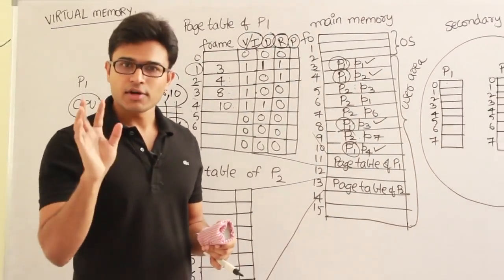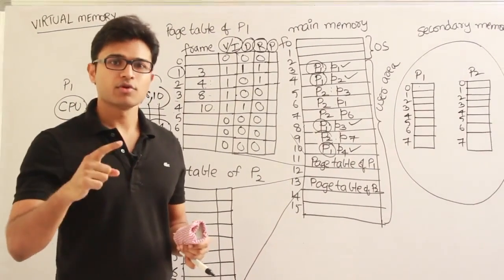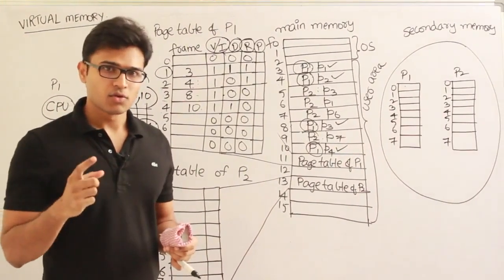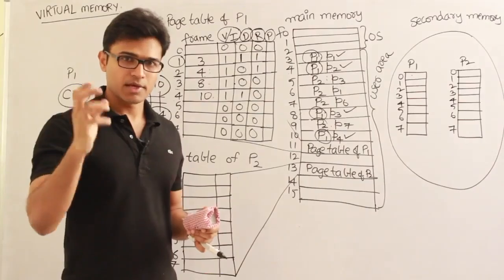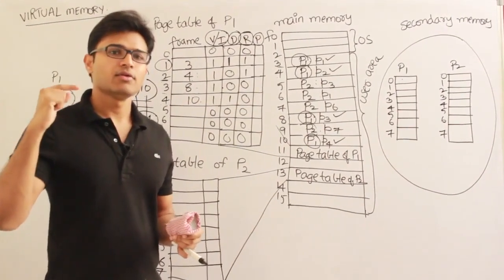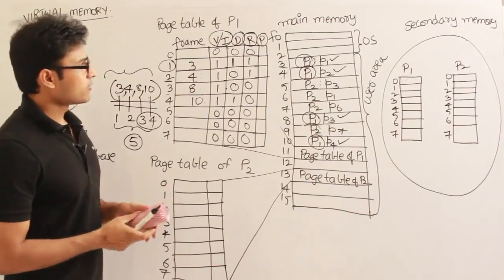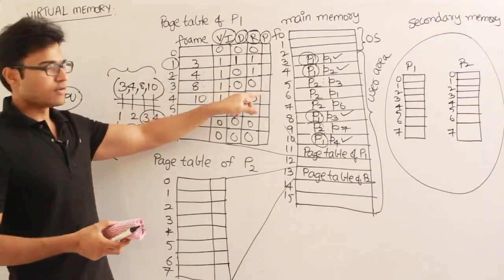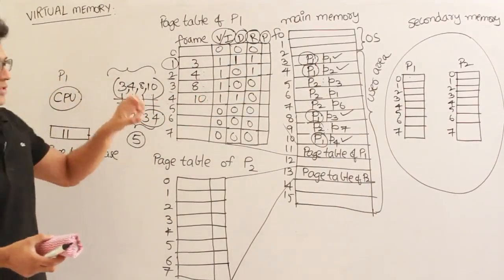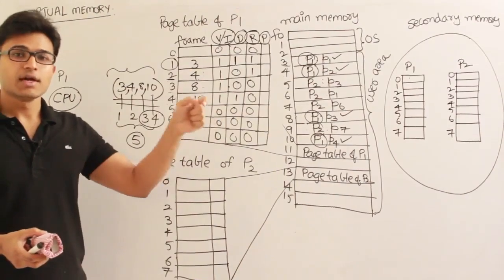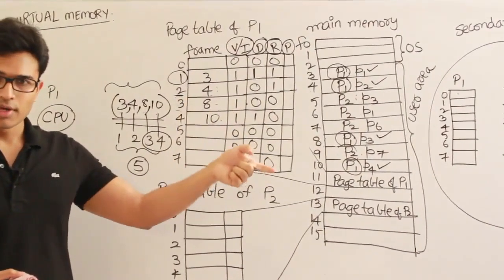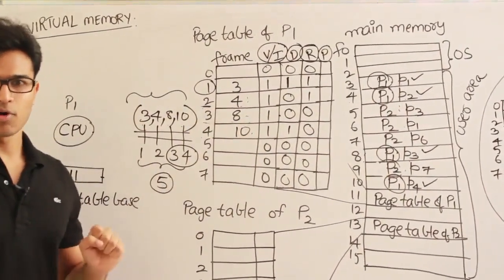And if you are in the code section, you are not supposed to modify the code, right? So whenever you are trying to access the main memory, and when you are trying to write something on the code, then this protection will catch you. Which means if the CPU has got an instruction to modify a page which is actually code, then the protection section will catch you.